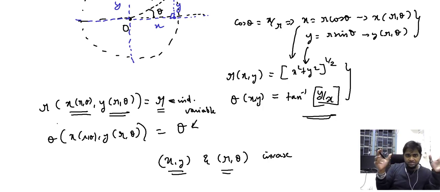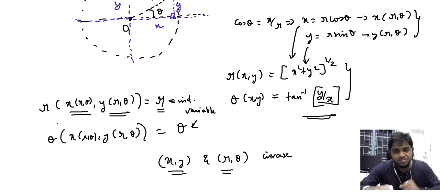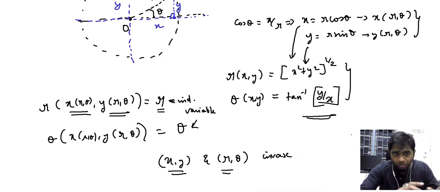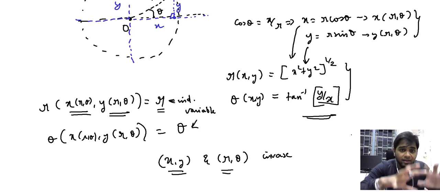So it means that the polar coordinates and the Cartesian coordinates are inverse of one another. This inverse relation is what we will see extensively in the subsequent lecture, where we will try to see how it can be convincingly addressed.